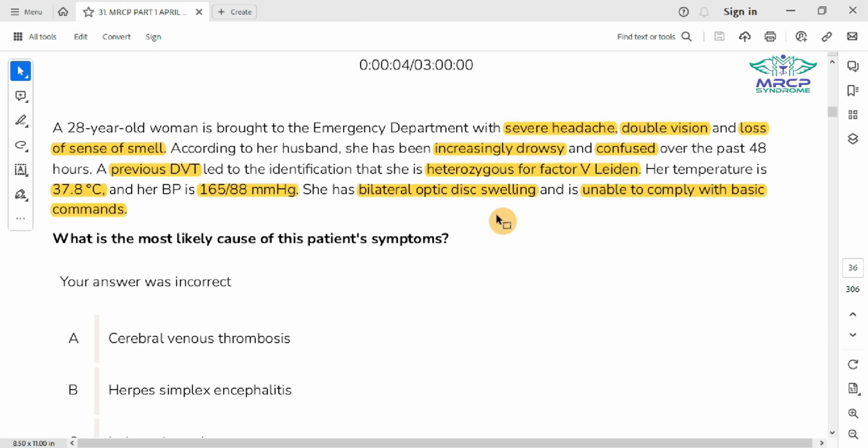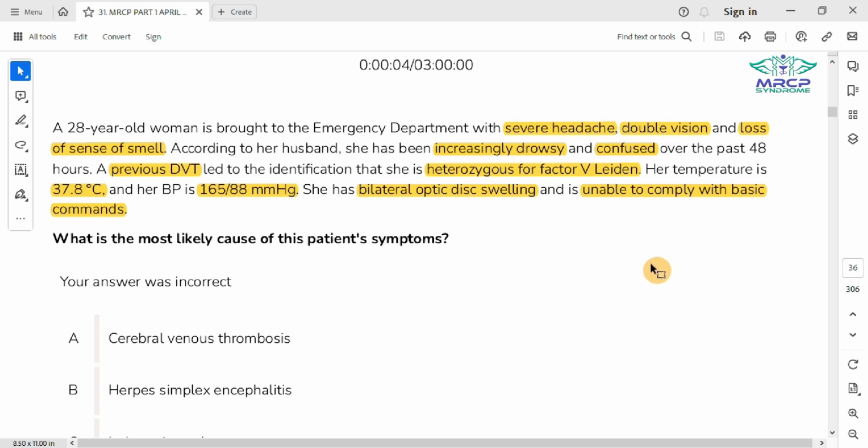According to her husband, she has been increasingly drowsy and confused over the past 48 hours. A previous DVT led to the identification that she is heterozygous for the factor V Leiden. Her temperature is 37.8 degrees Celsius and blood pressure is 165/88 millimeters of mercury. She has bilateral optic disc swelling and is unable to comply with basic commands. So what is the most likely cause?